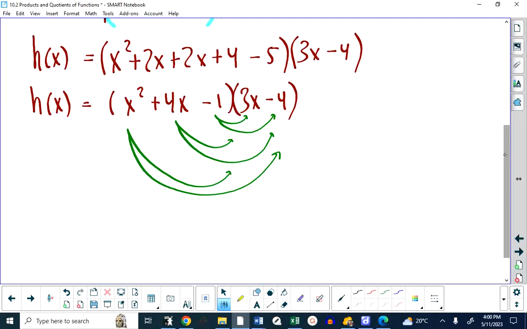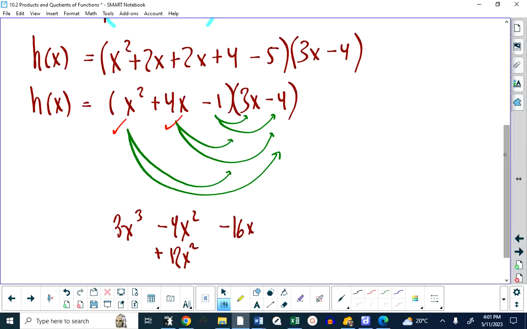X squared times 3x is 3x cubed. X squared times negative 4 is negative 4x squared. I'm done with the x squared. Moving on to the 4x. 4x times 3x is 12x squared. I'm lining it up with my other x squareds. 4x times negative 4 is negative 16x.